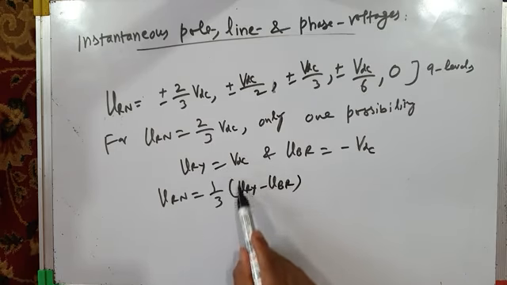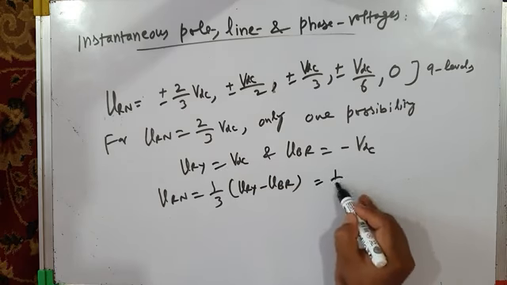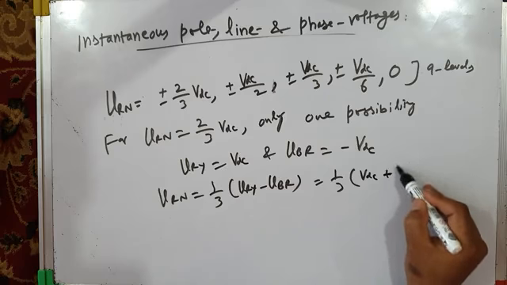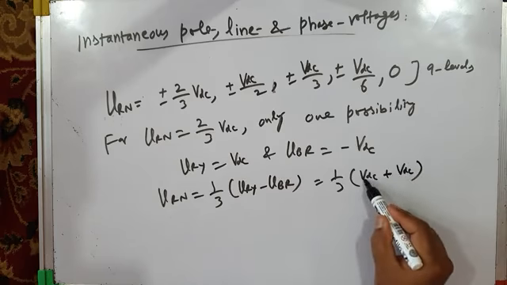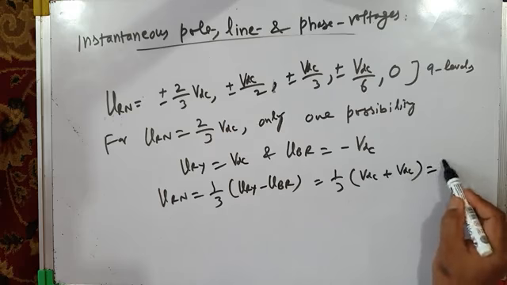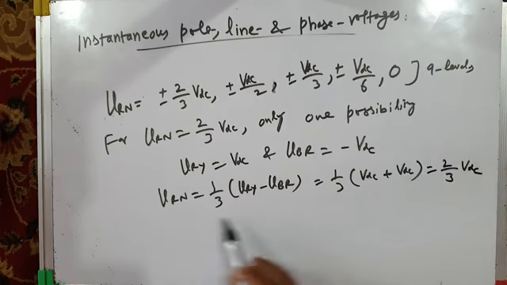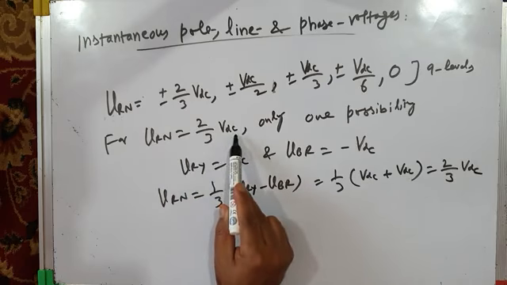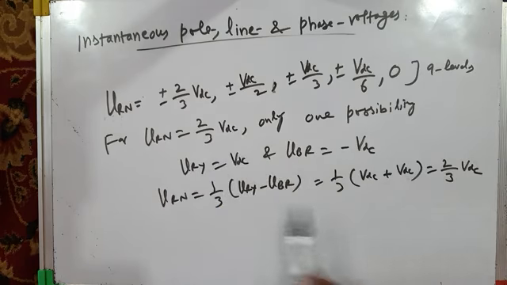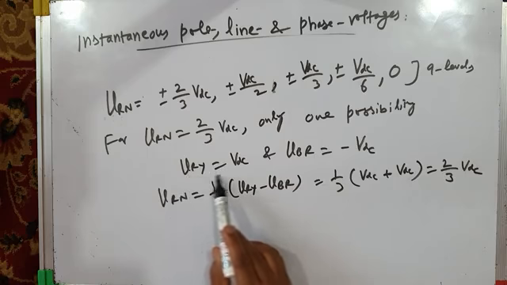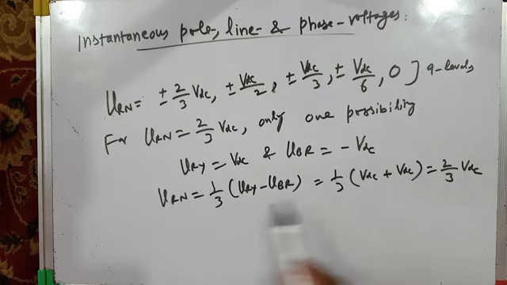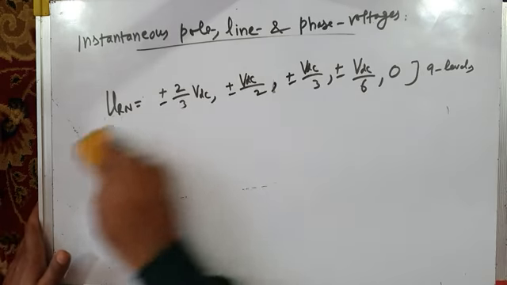Put VRY as VDC, and minus VBR is minus of minus VDC, so plus VDC. VDC plus VDC is 2 VDC, so it is 2 by 3 VDC. This is the only possibility for VRN equal to 2 by 3 VDC. It has only one switching state, so there is no redundancy.